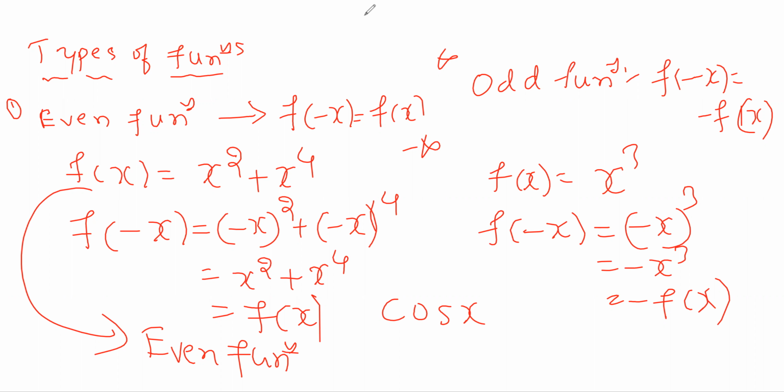That's why you used to study this while expanding a cosine series. For an even function, you can expand the cosine series, and for an odd function, you can expand the sine series.